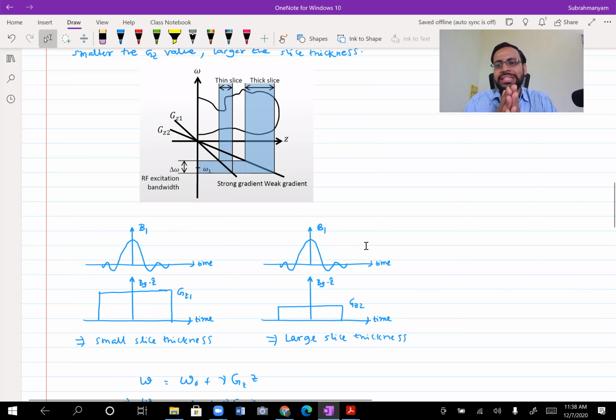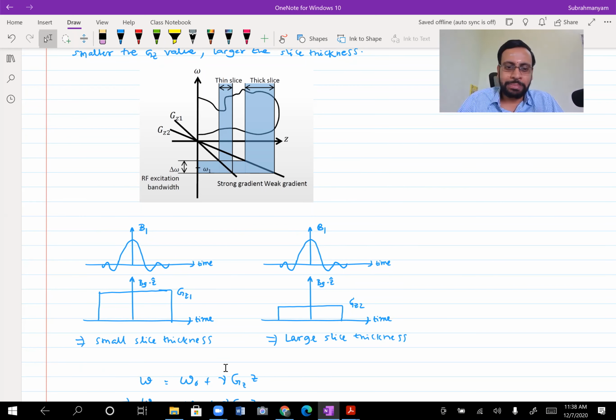See, if you are taking a thin slice, let me take an extreme case. In the extreme case, if I make this Gz extremely small, then what would happen? Everything resonates at the same value, is it not? So the response you could record is, for example, you treat everything as if it is a single voxel. If you want to get high resolution, you have to slice it very finely.